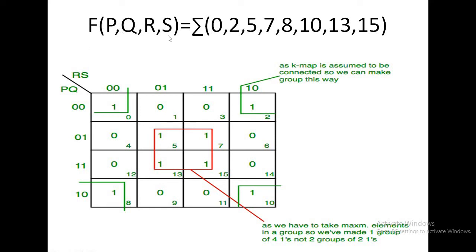A 4 variable K-map means how many cells are possible? 2 to the power 4, that is 16 cells are possible. 1, 2, 3, 4, 5, 6, 7, 8, 9, 10, 11, 12, 13, 14, 15, 16 cells are there.